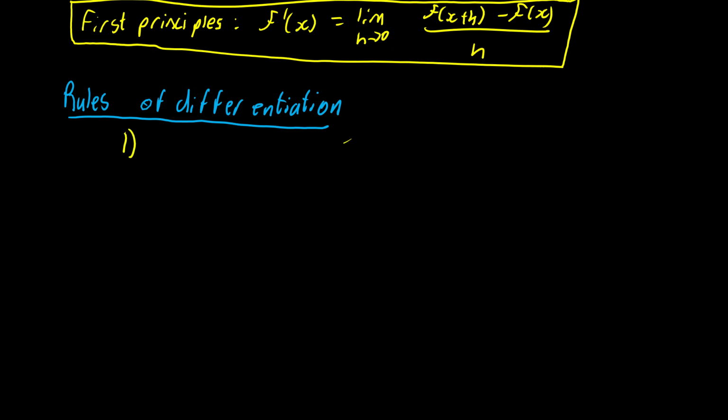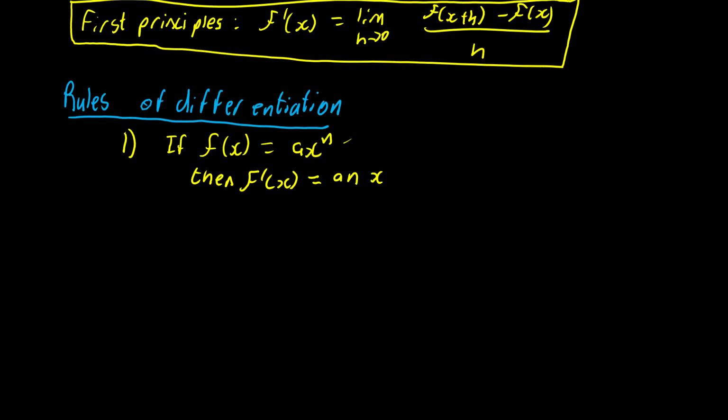The first rule when it comes to rules of differentiation is that if I tell you that your function f of x equals a times x to the power of n, and you want to find the derivative, then all you do is take this exponent and multiply it with the coefficient in front, so a times n.